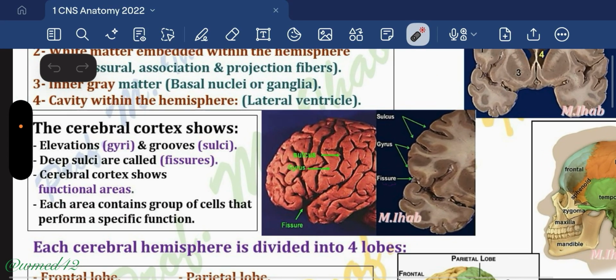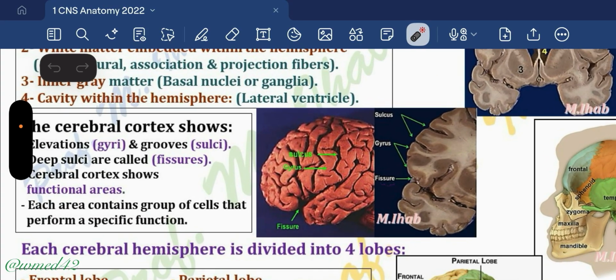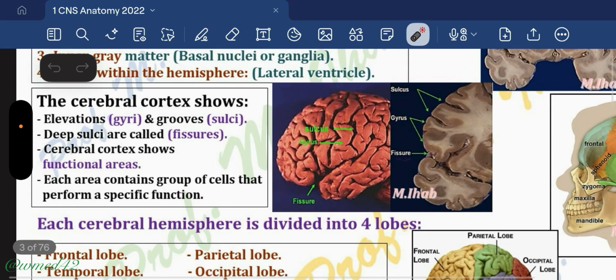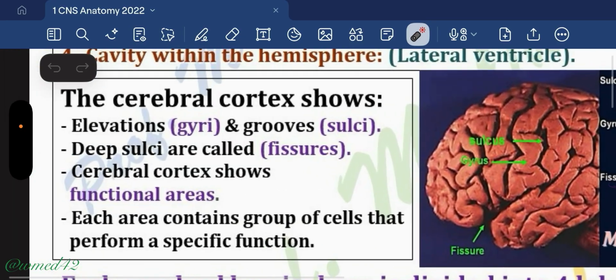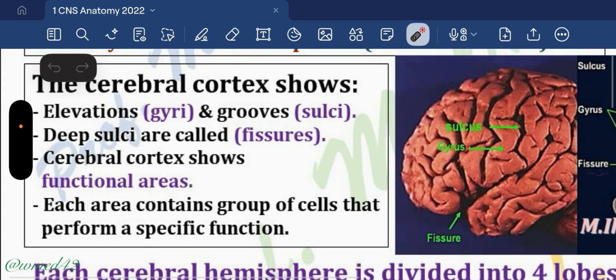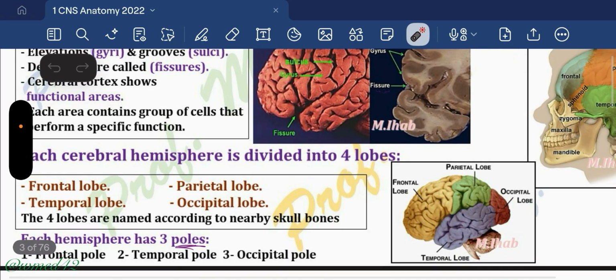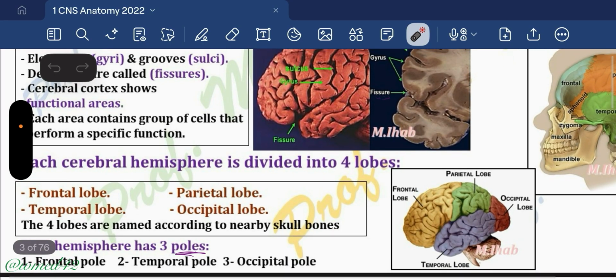The cerebral cortex shows elevations, the gyri, and grooves, the sulci. Deep sulci are called fissures, and the cerebral cortex shows functional areas. Each area contains a group of cells that perform specific functions like speaking and writing. We will go through this in the next slide.